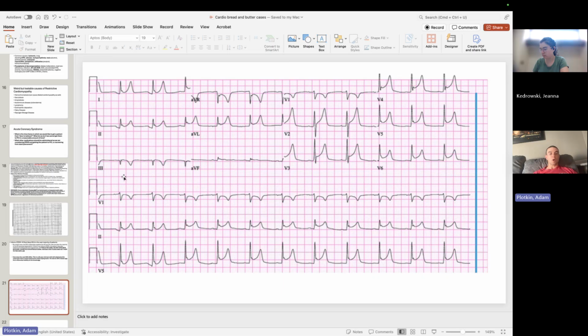Because if we look at this, almost every single lead is elevated. So that means it's not just a single coronary vascularization, right? It's multiple. That tells me something else is probably going on. Now, what you brought up was electrical alternans, which is most likely seen in pericardial effusion and tamponade.